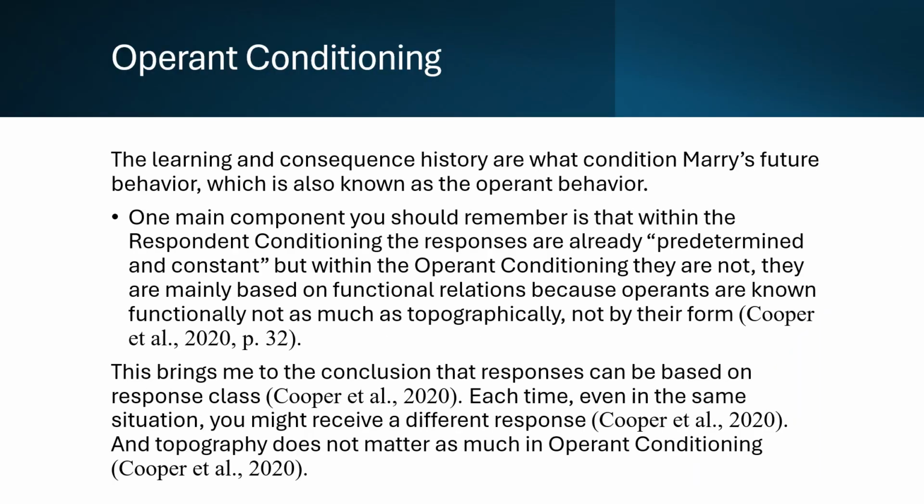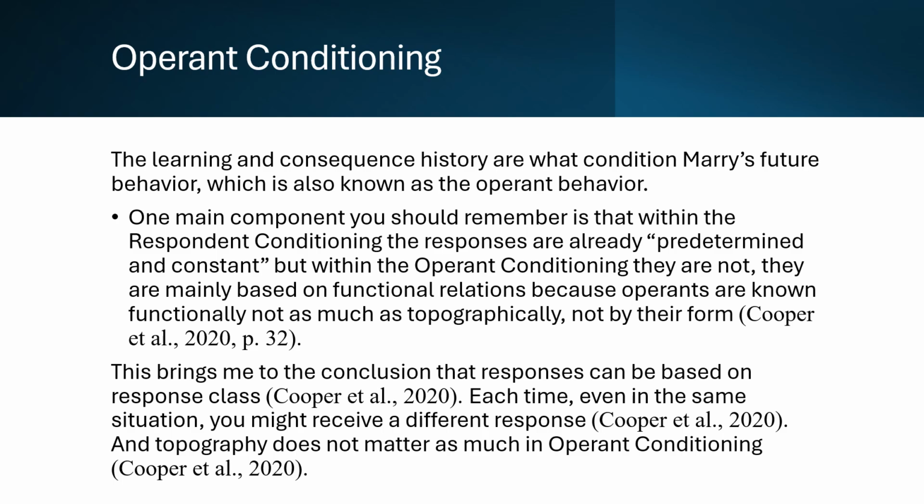Operant conditioning. The learning and consequence history are what condition Mary's future behavior, which is also known as the operant behavior. One main component you should remember is that within the respondent conditioning, the responses are already predetermined and constant. But within the operant conditioning, they're not.